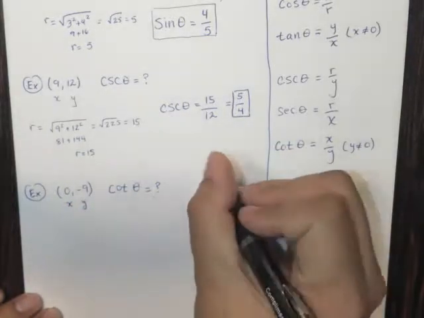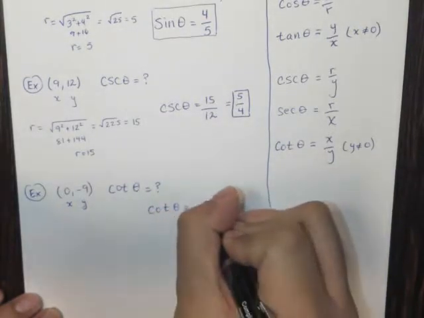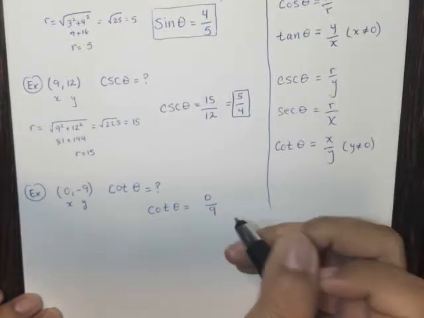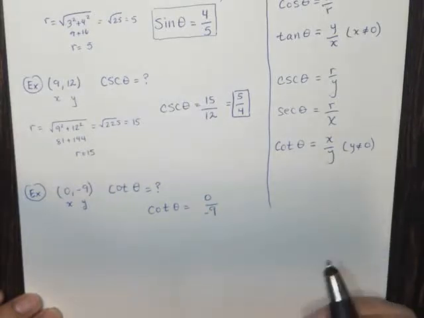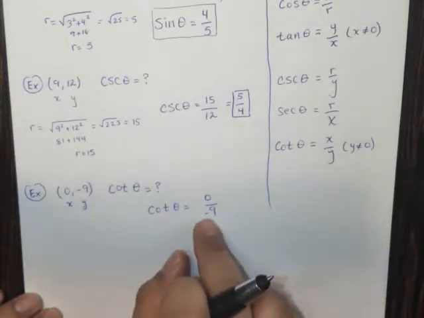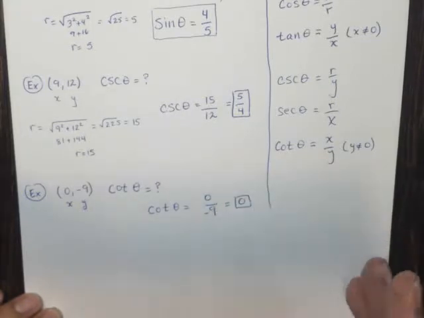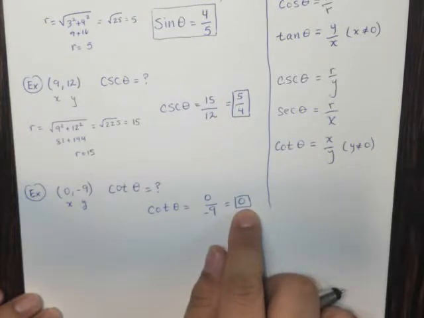We've got x divided by y, so cotangent of theta will equal x divided by y, which is 0 divided by 9. Y, of course, is not 0, and this is actually negative 9, sorry. So 0 divided by negative 9, which is just 0. So this one right here, very simple. The cotangent of theta is simply 0.